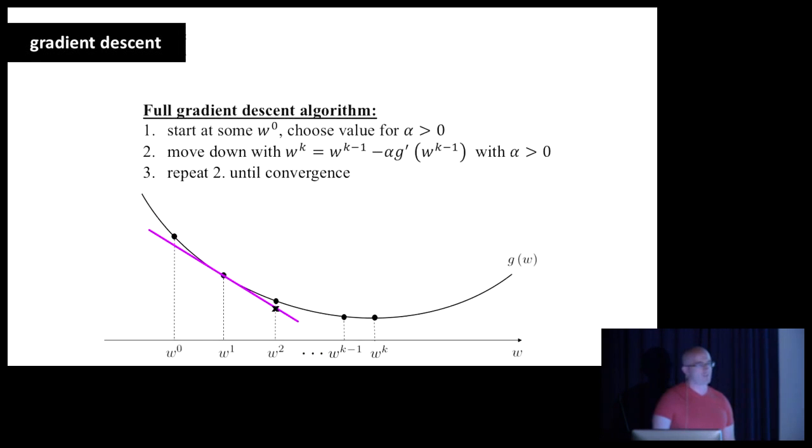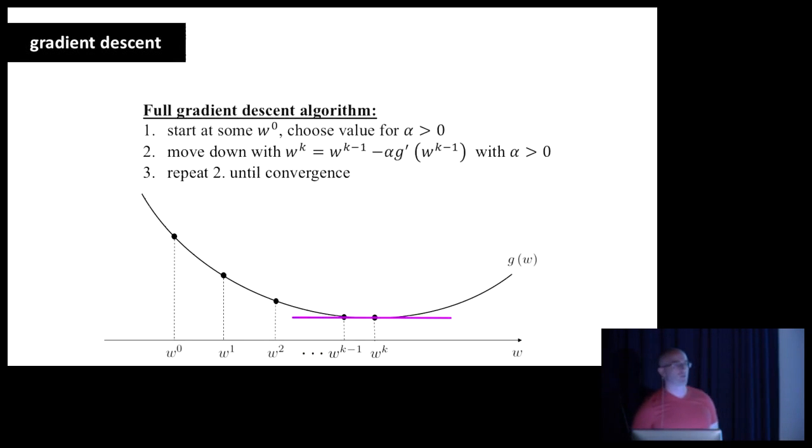You do it again. You start off at W1, draw the tangent line, go down a little bit, hop back onto the function, et cetera, until you get down to basically where the derivative is 0. So the derivative both tells you which way is down, and how to stop. It takes care of both of the problems for you.